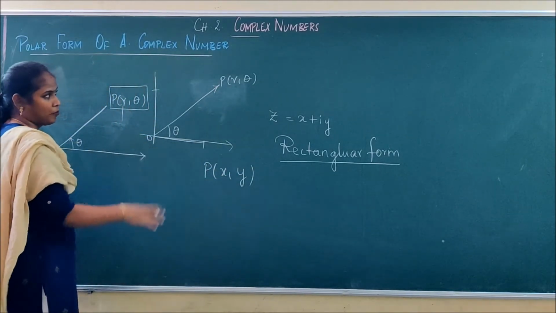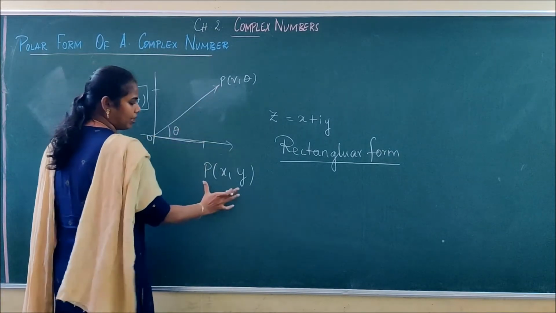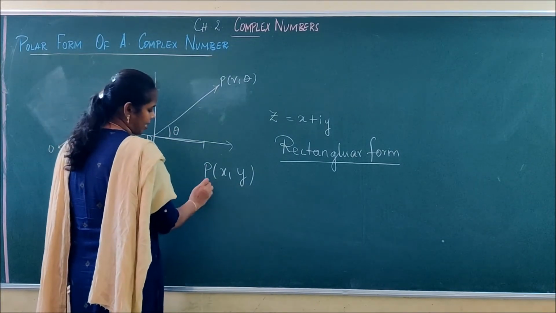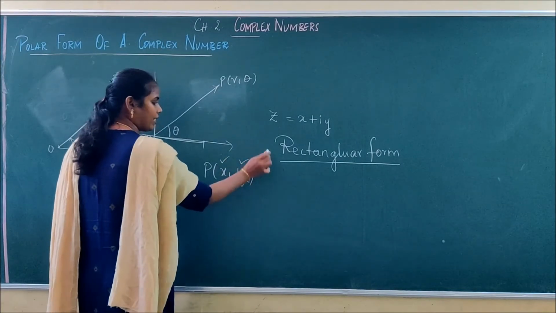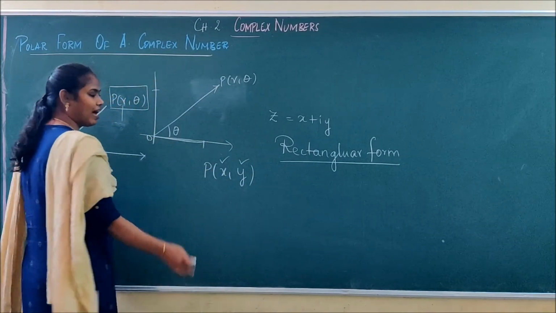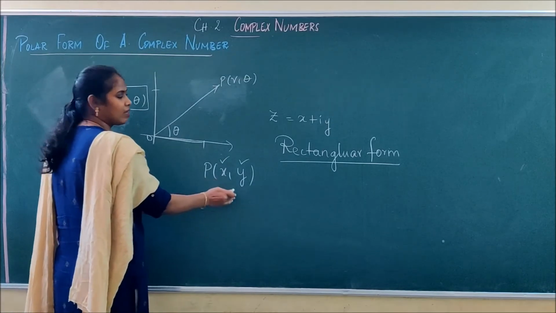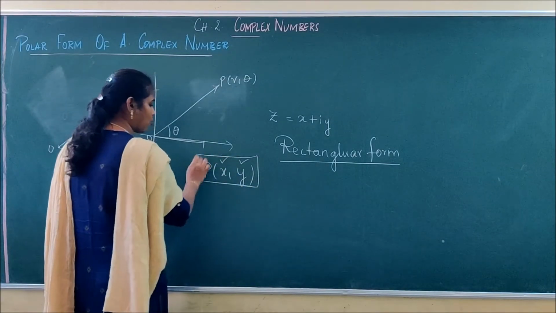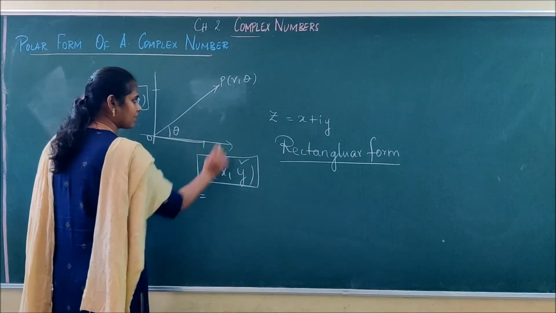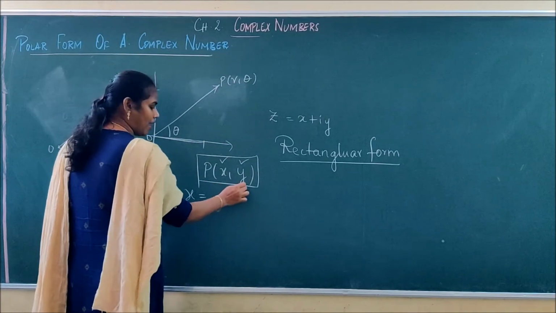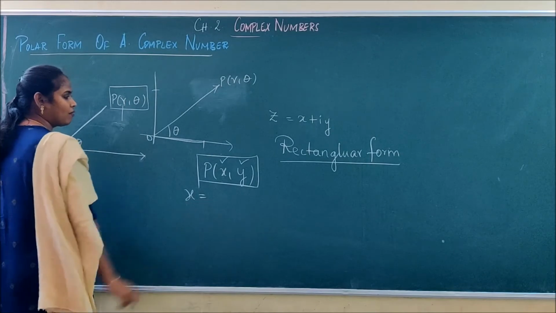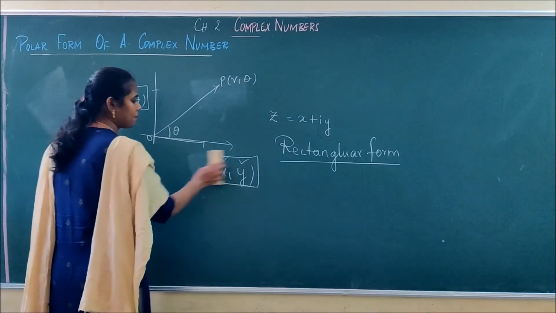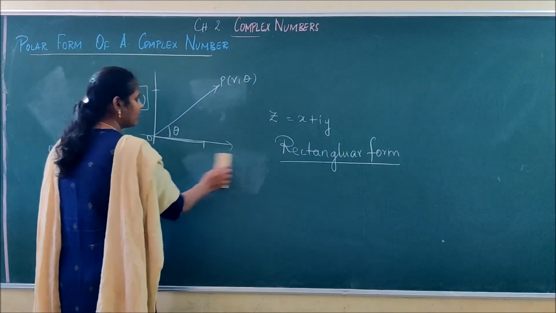I have superimposed, and this point is P of x y. So it is enough to find the values of x and y here, in terms of r and theta. These are called polar coordinates. Now I am going to find the value of x here.